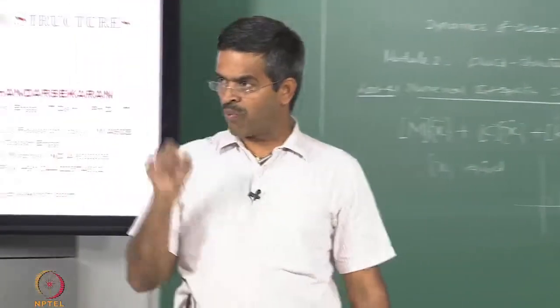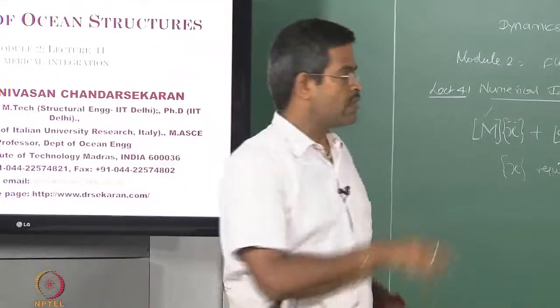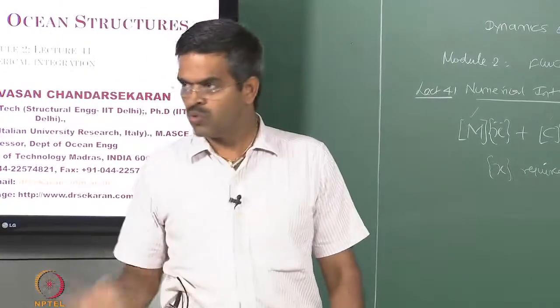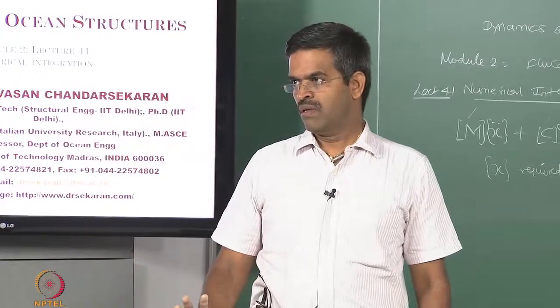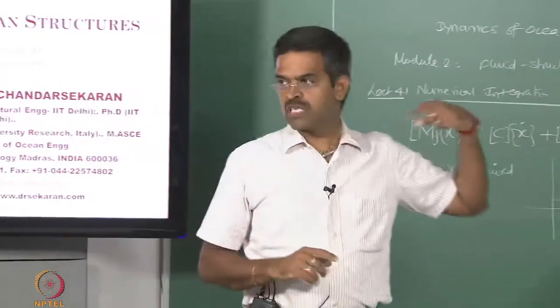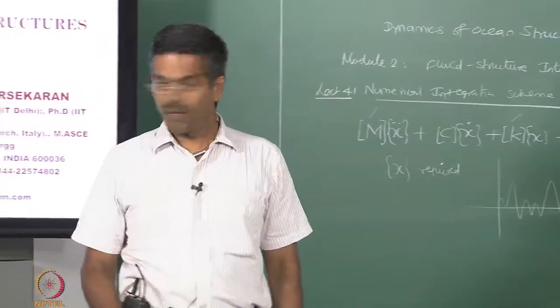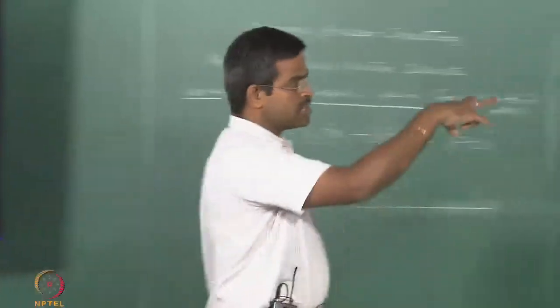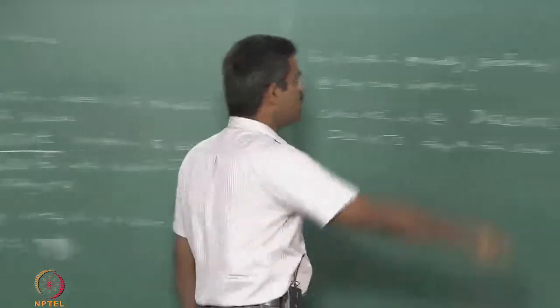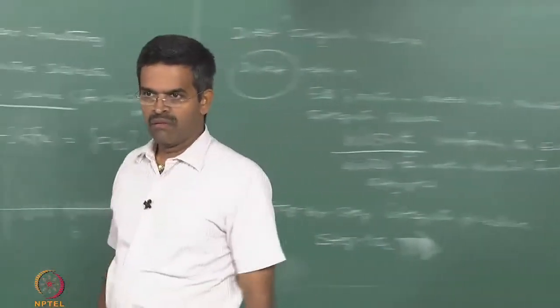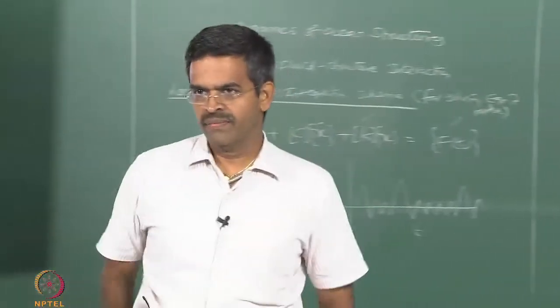If you have a value at 0.1, it is available. If you have a value at 0.12, it is available. Somebody asks you what is the value at 0.112, you cannot interpolate. Then you have to rerun the whole scheme again, taking step size as a multiple of 0.112 and get the value, because the interpolation nature between the time steps is arbitrary. That is one of the important catches here.